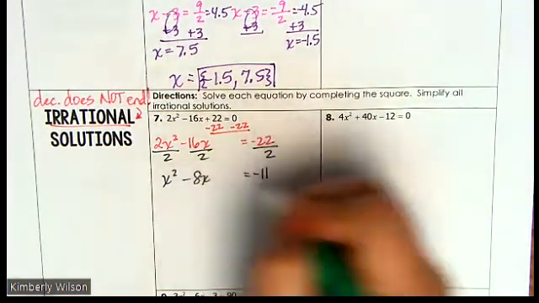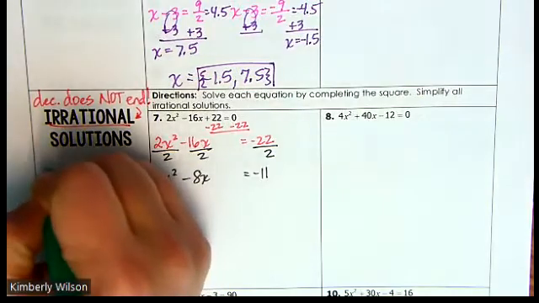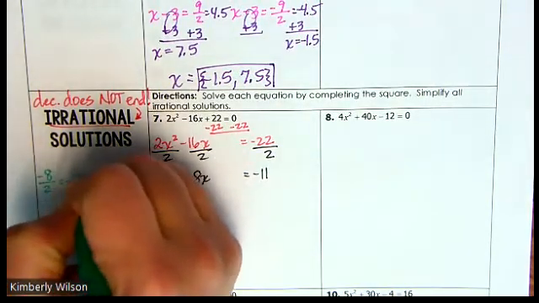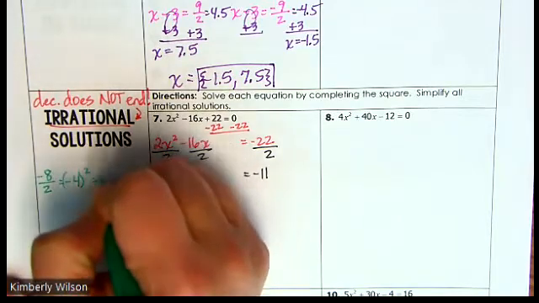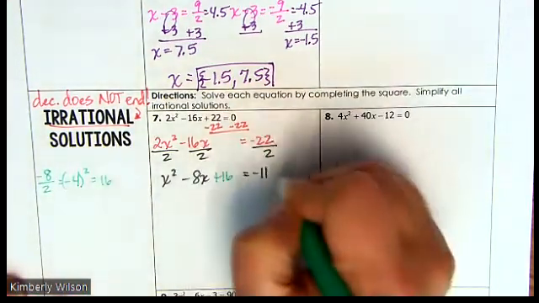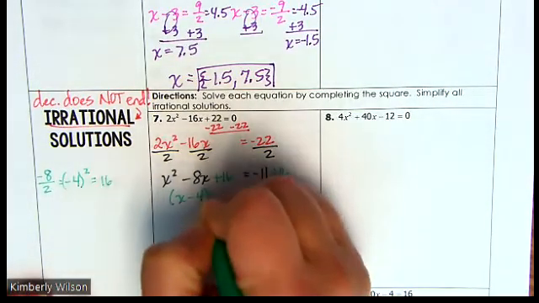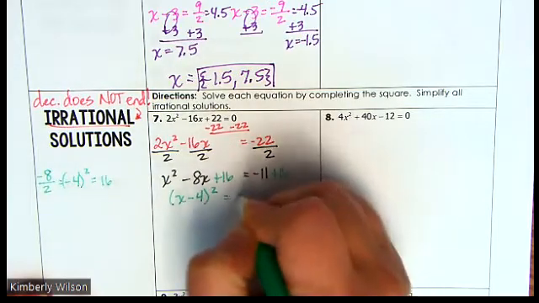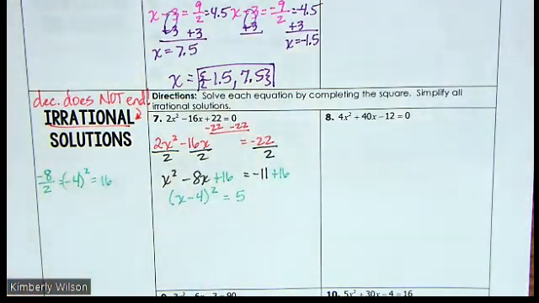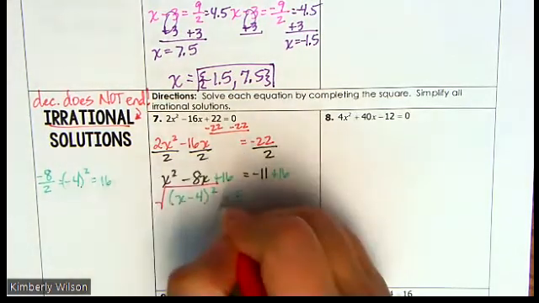So now I've got to find my completing the square. So I have negative 8 divided by 2, which is negative 4 squared equals 16. So I'm adding 16 to both sides. So now I have x minus 4 squared equals 5. So we take the square root of each side.